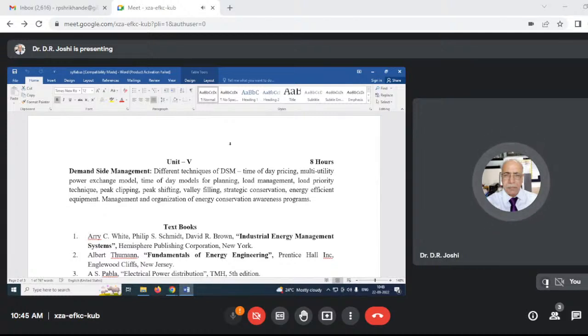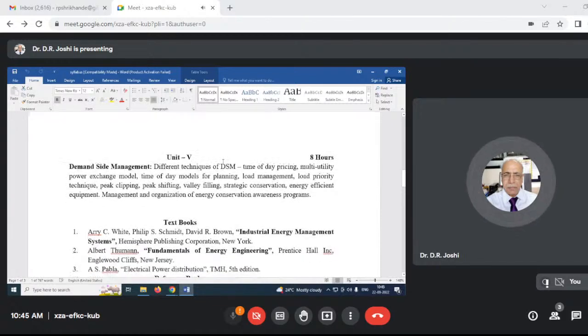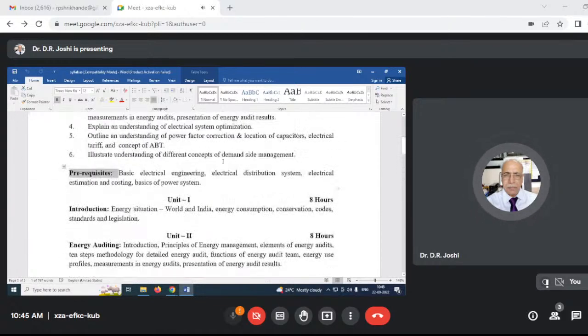For example, time of the day pricing, multi-utility power exchange model, time of the day models for planning, load management, load priority techniques, peak clipping, peak shifting, valley filling, strategic conservation, energy efficient equipment, etc. Then management and organization of energy conservation awareness programs. These are the 5 units basically. I'll briefly brush up what the things are there.